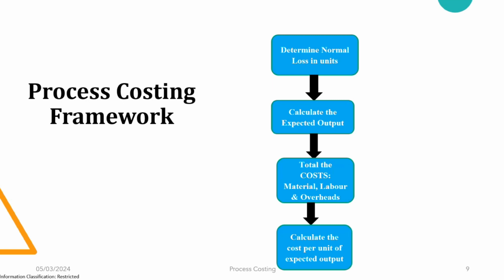So these costs, together with the losses, are identified. And the basic calculation is to calculate the cost per unit. If expected output is calculated, then the average cost per output could be obtained.